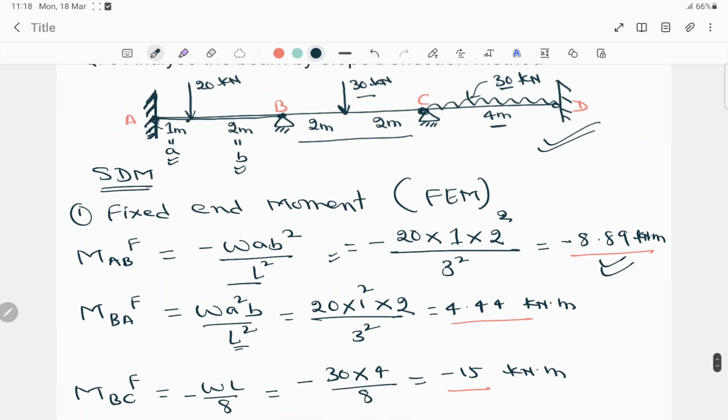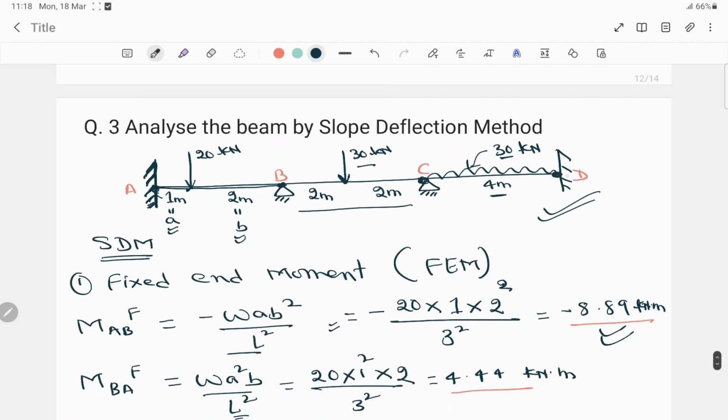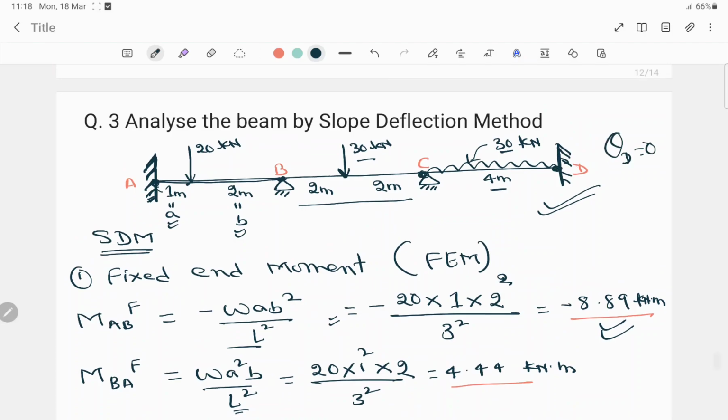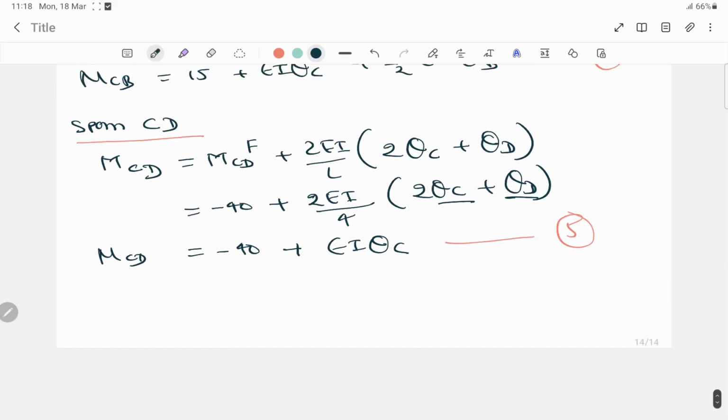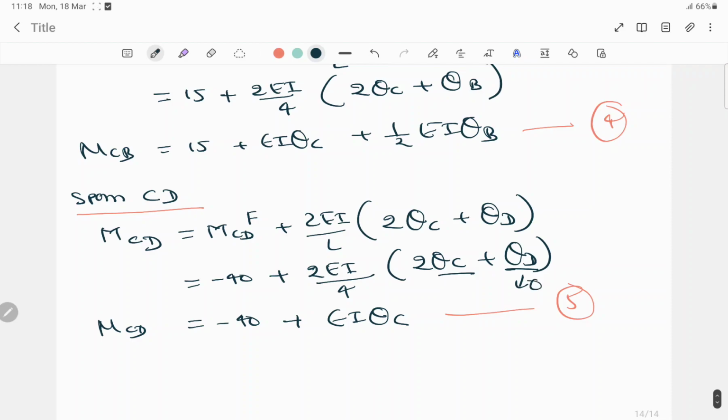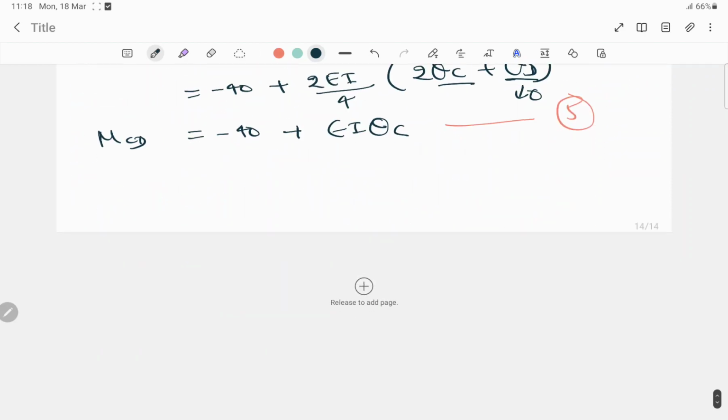In this question D is fixed, so theta D will be 0. Don't get confused with this one.